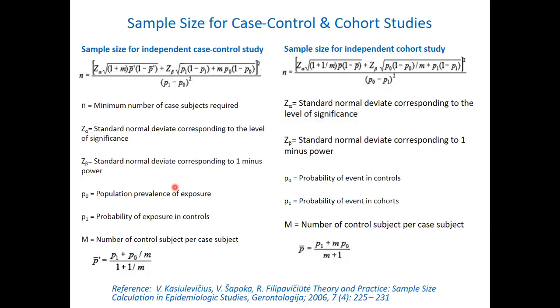If the disease is rare and you conduct a cohort study, you may waste money. Cohort study is the most costly study, even more costly than experimental design, because you wait for long and have to do a lot of follow-up and spend a lot of money. But for case control, if the disease is rare for a cohort study, you are waiting for 20 years, you may not even see any case.